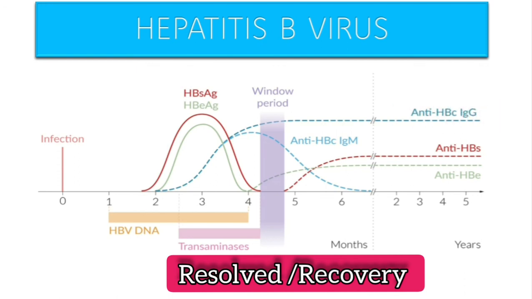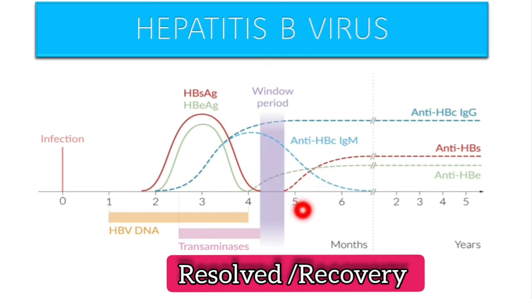right? Then the second thing I want to show you is this lime green. This one is actually the HBV envelope antigen, right? And after this window period, you can see that there is no antigen thereafter, and there is no HBV DNA, right?